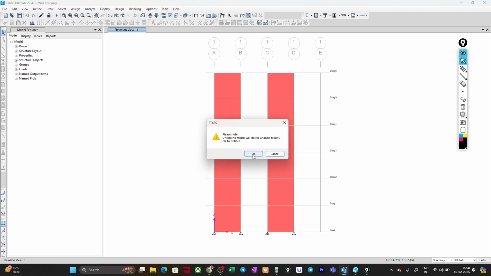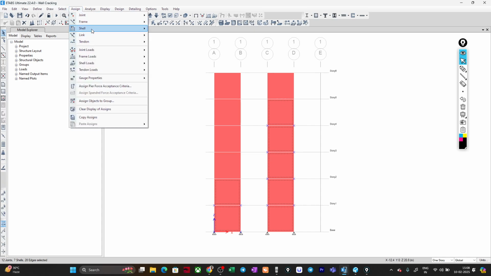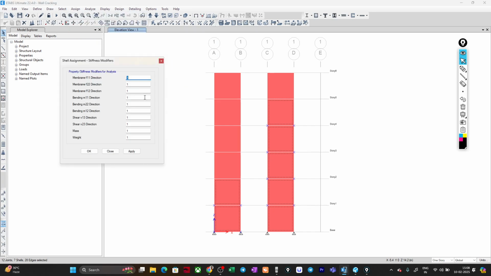I will unlock this. Now I will select these two stories of wall, and here up to the fifth story I will be selecting the walls. I will go to assign, shell stiffness modifiers, and I will make it 0.35. Oh, sorry, this is not 0, this is O. 0.35.